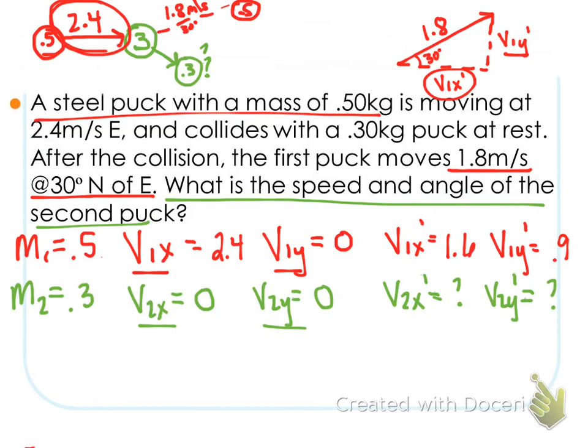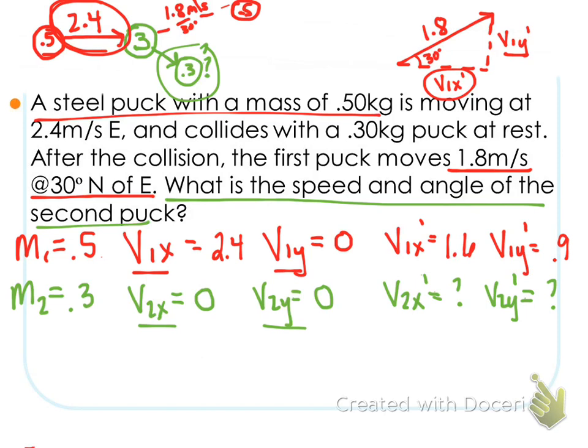So it's like starting over to here, that's why it's 0. These zeros right here? Yeah, it's starting out at rest, so it doesn't have any initial velocity at all. Not in the x direction or the y. V2x prime is what we're going to solve for. So we're going to solve for its velocity and its direction after they collide. All right, we want to know what's happening here.